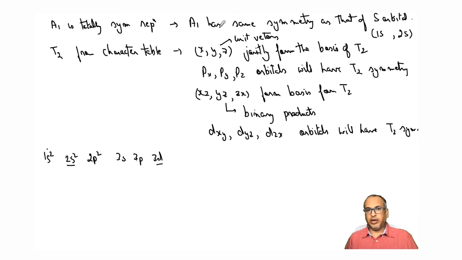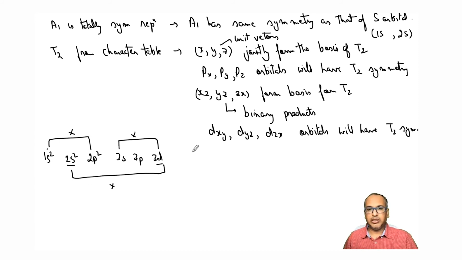So we only have to combine s and p or s and d orbital because A1 has s symmetry and T2 has either px, py, pz or dxy, dyz, dzx symmetry. See, this combination is meaningless because there is no electron in that, right? So if we are trying to combine this, this does not work.